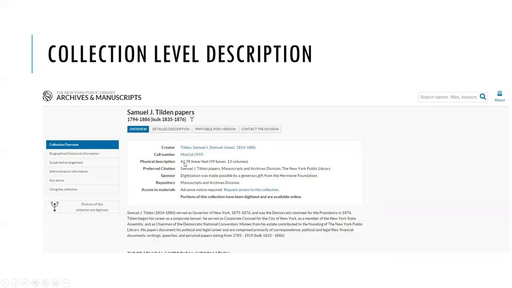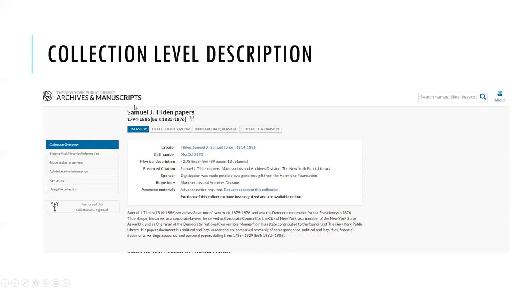So again, some physical description, the number of linear feet, boxes and volumes, and so on, the creator, and then there might be a really brief kind of abstract that generally describes the subject of the records and what the papers consist of. So legal and political career stuff, correspondence, legal and political files, and so on.